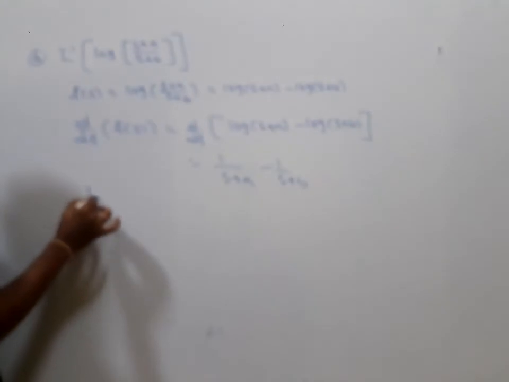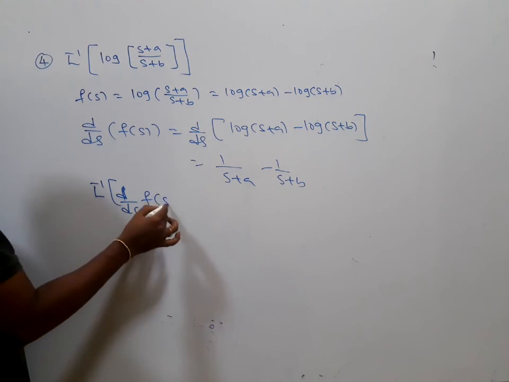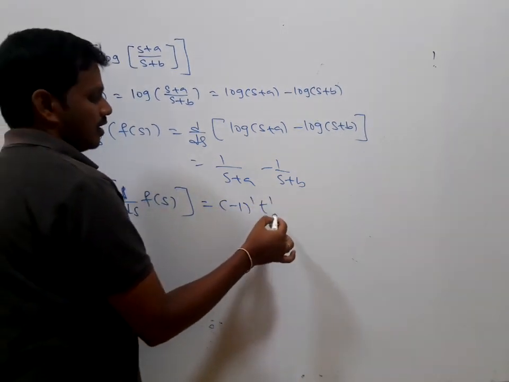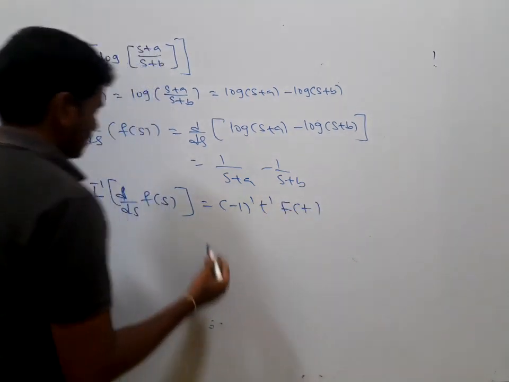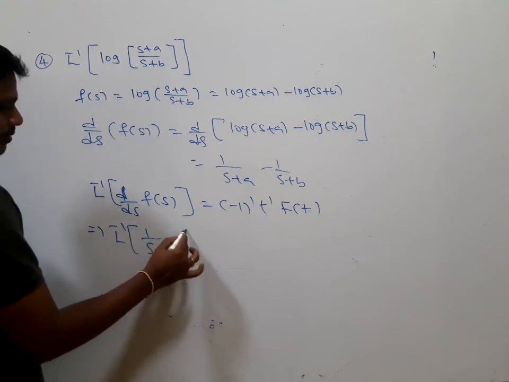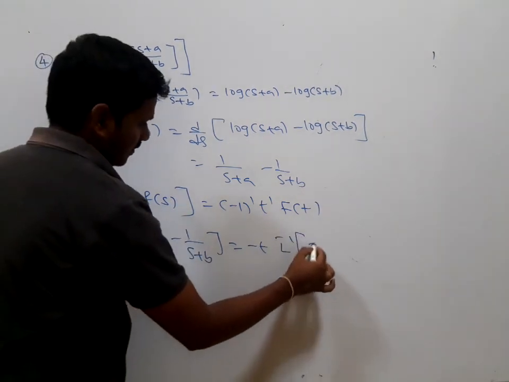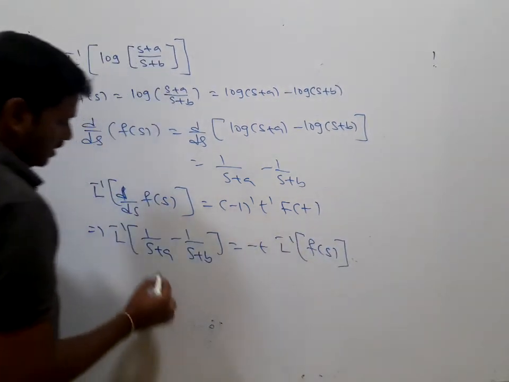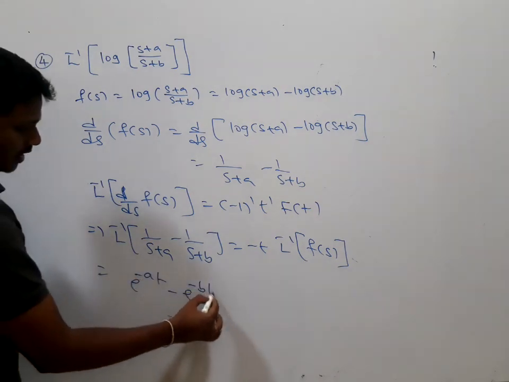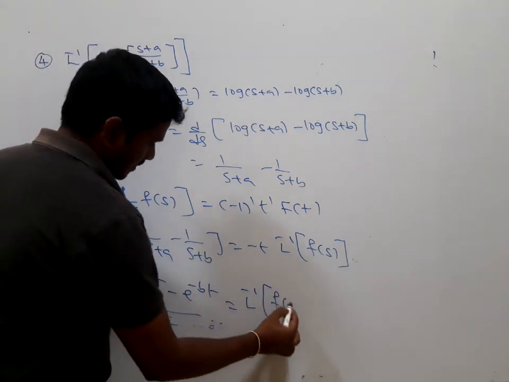So L inverse of d by ds of f of s, using the inverse transformation of derivatives, minus 1 to the power of n, t to the power of n, f of t. So L inverse of 1 by s plus a minus 1 by s plus b gives e to the power of minus at minus e to the power of minus bt, equal to minus t f of t, where f of t is L inverse of f of s.